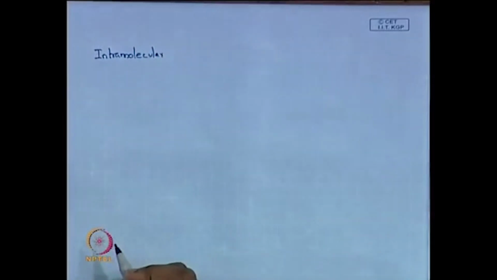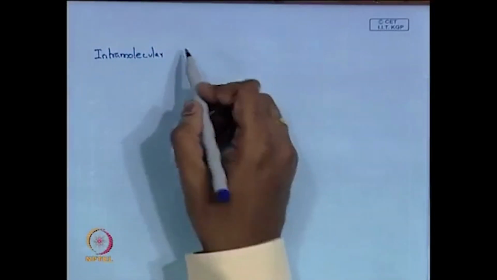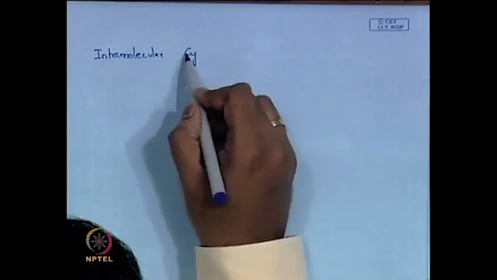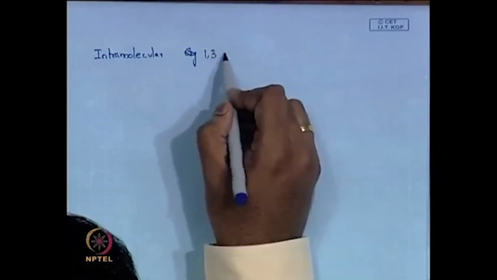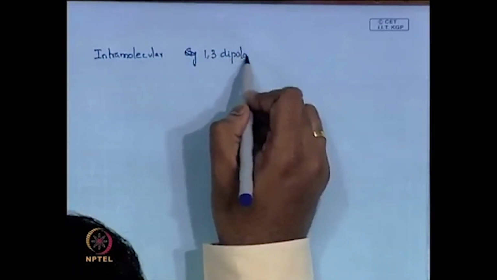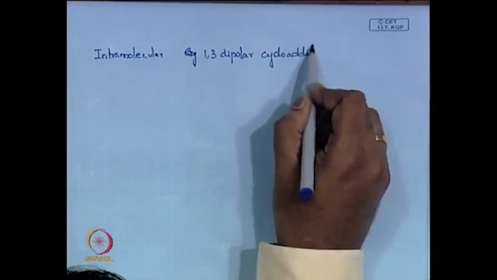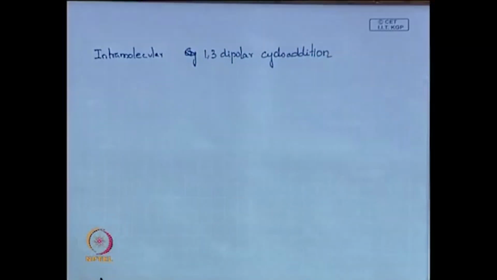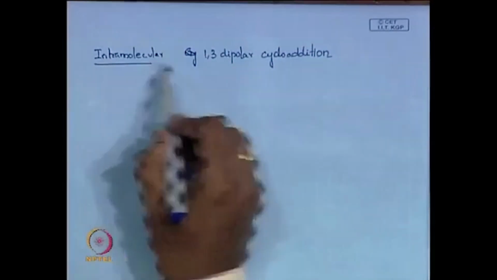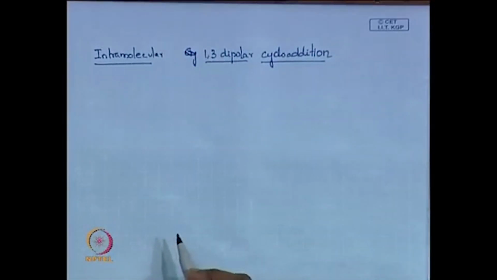This type of reaction, you can see a lot of intramolecular cycloadditions, intramolecular 1,3 dipolar cycloaddition. You have studied Diels-Alder also, right, intramolecular Diels-Alder.